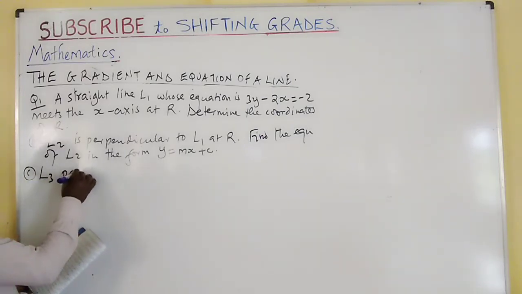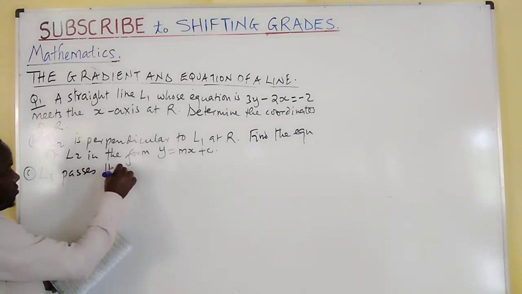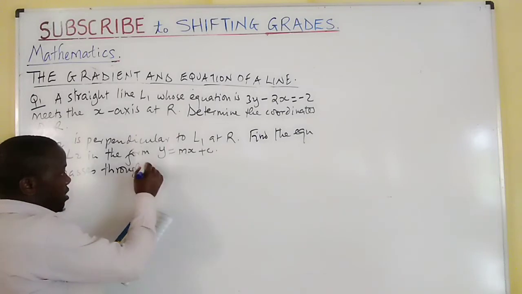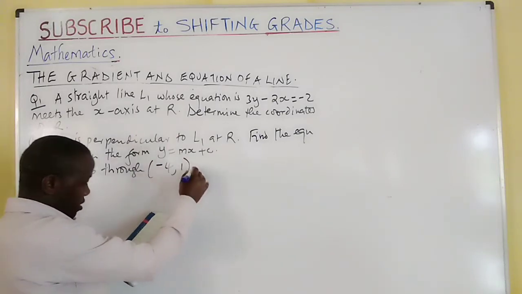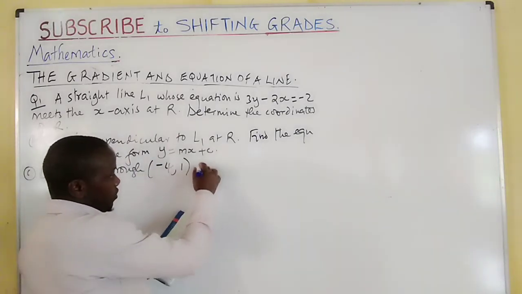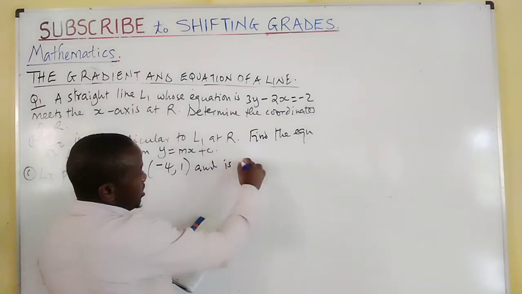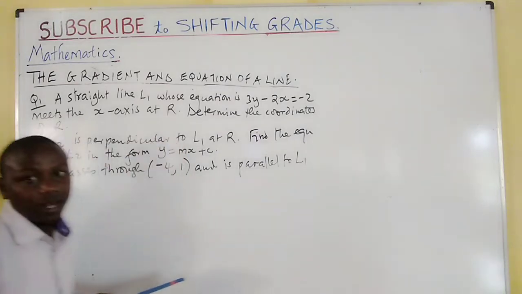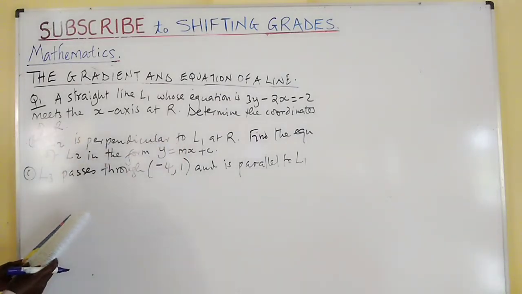A third line L3 passes through -4, 1 and is parallel to L1.